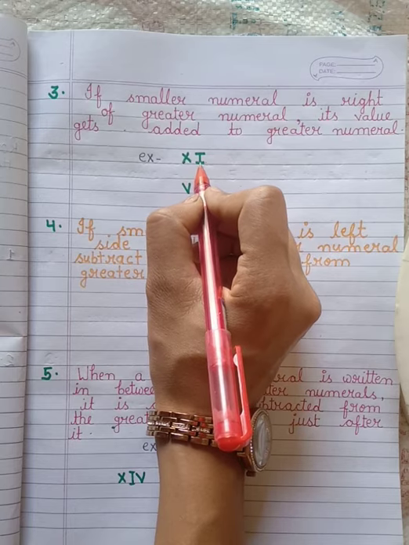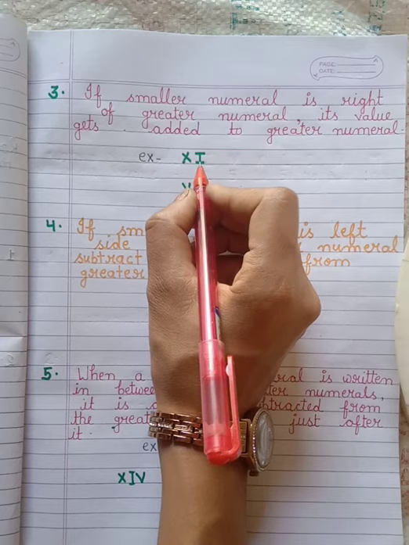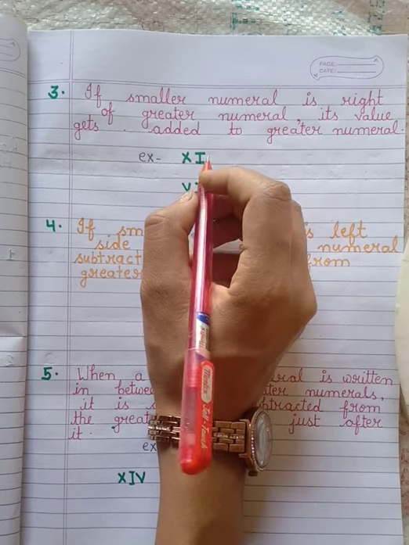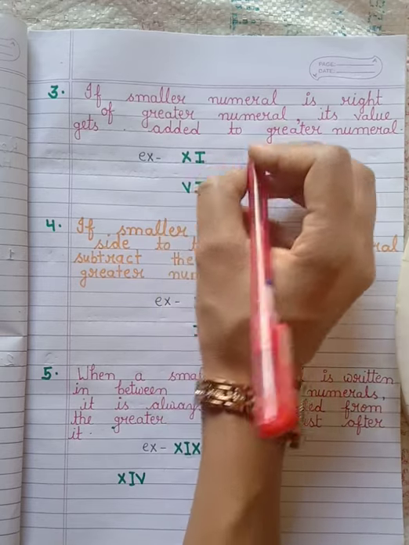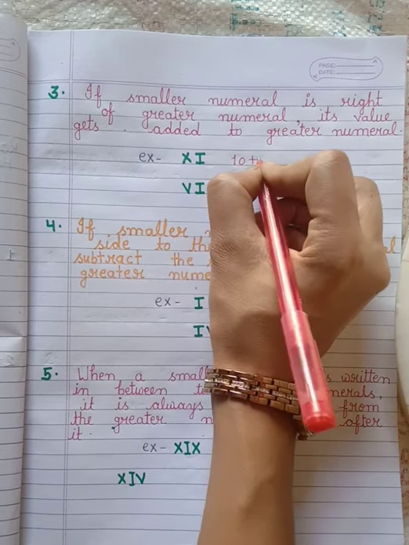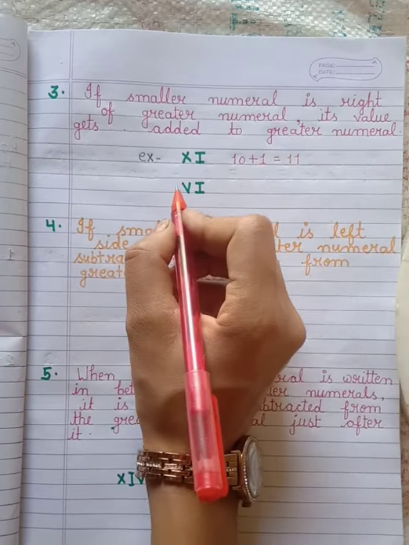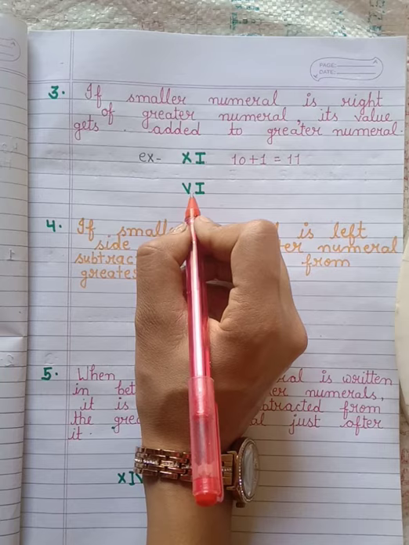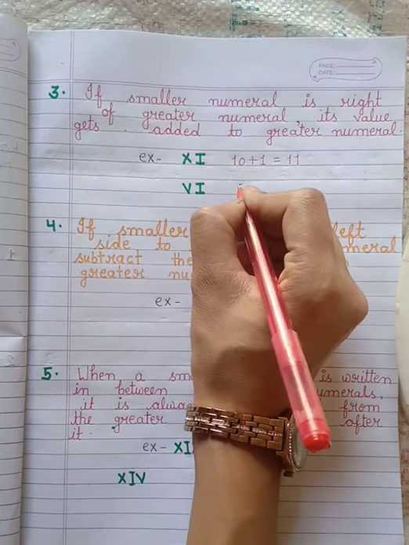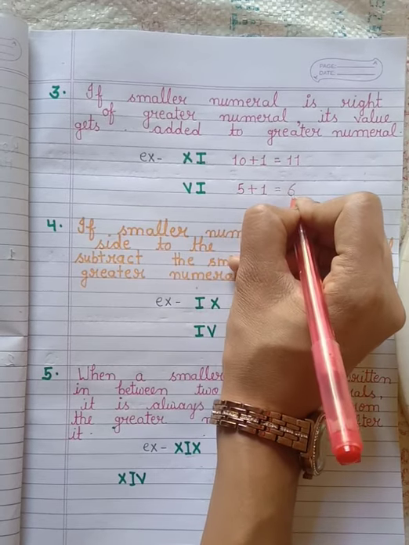So when a smaller numeral is on the right side of the greater numeral, we add: 10 plus 1 is 11. Next example is VI: V means 5 and I means 1, so 5 plus 1 is equal to 6.